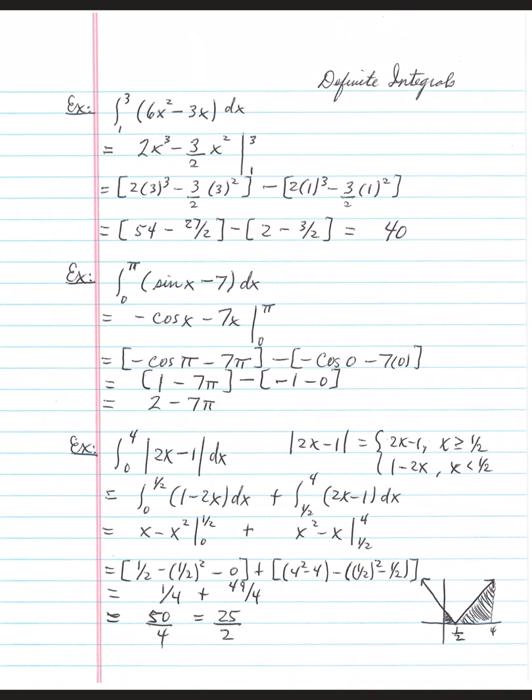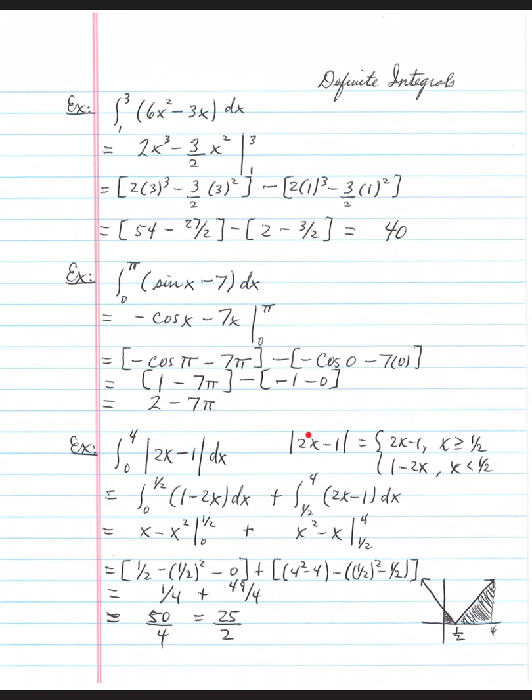Let's check out an absolute value integral. We're going to integrate from 0 to 4 the function absolute value of 2x minus 1. If you set 2x minus 1 equal to 0 and solve, you get 1/2.